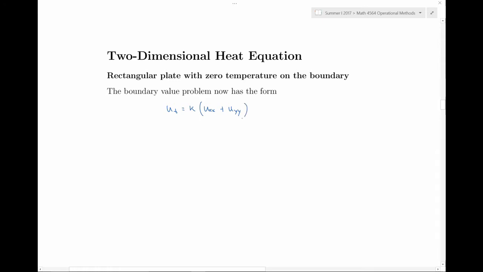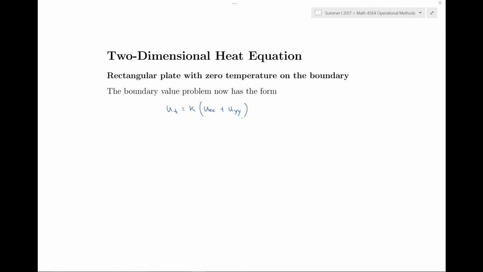The derivation of this equation is quite interesting, but it will require some advanced multivariable integration, so I'm going to skip it from here.